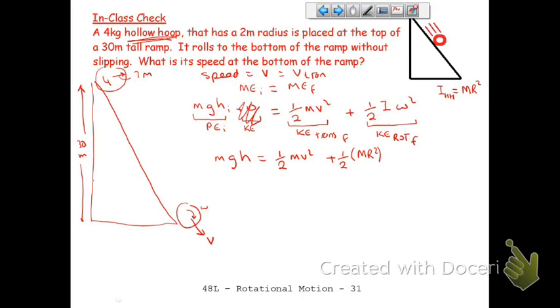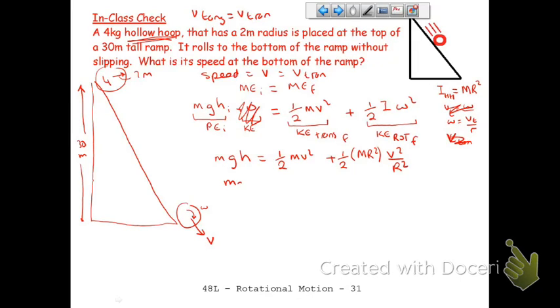And then again we have V tangential equals omega R, so omega is equal to V tangential over R. So this is going to be V squared over R squared. We should put down here V tang is equal to V trans, just so we can justify having the same V in both cases.